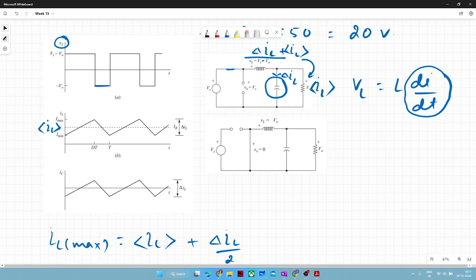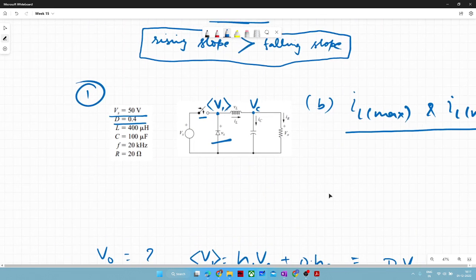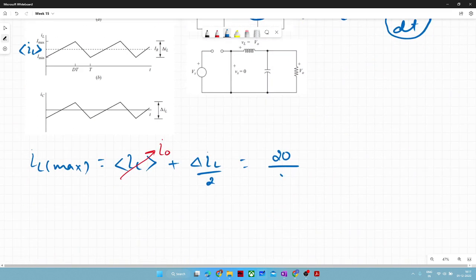And IL average we know is I naught. I naught we can easily calculate since we have calculated V naught. IL average would be V naught by R, and V naught was 20, divided by R. Some R value must have been given. So R is also 20 ohm, so 20 plus del IL by 2.